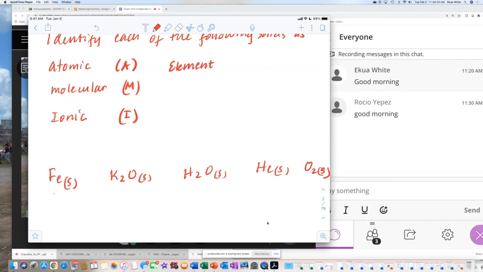The word atomic usually goes with elements, but specifically monoatomic elements. In chemistry, when they use the word atomic, they're usually referring to elements, but sometimes, depending on how casual the author is, they may use the term atomic to even refer to molecular elements.